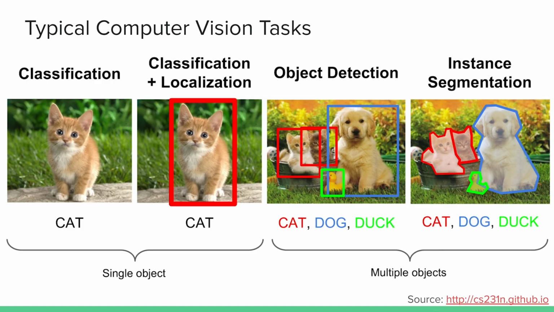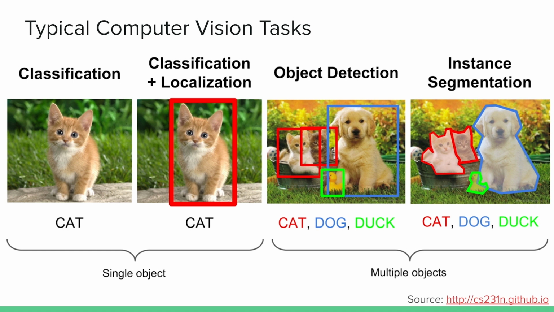So typical computer vision tasks, I've already given away some of this, but let's talk about them again. We can have one output from our input. So we would say, okay, we classify an entire image as one thing, as a cat, and we have one object here.